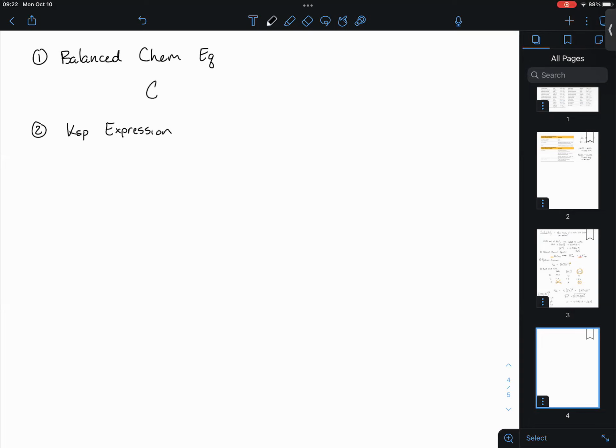I want you to give me the balanced chemical equation and the Ksp expression for when we take calcium phosphate and add that to water. Let's make sure that we can do those two basic steps or we're going to be in trouble. All right, balanced chemical equation and the Ksp expression.